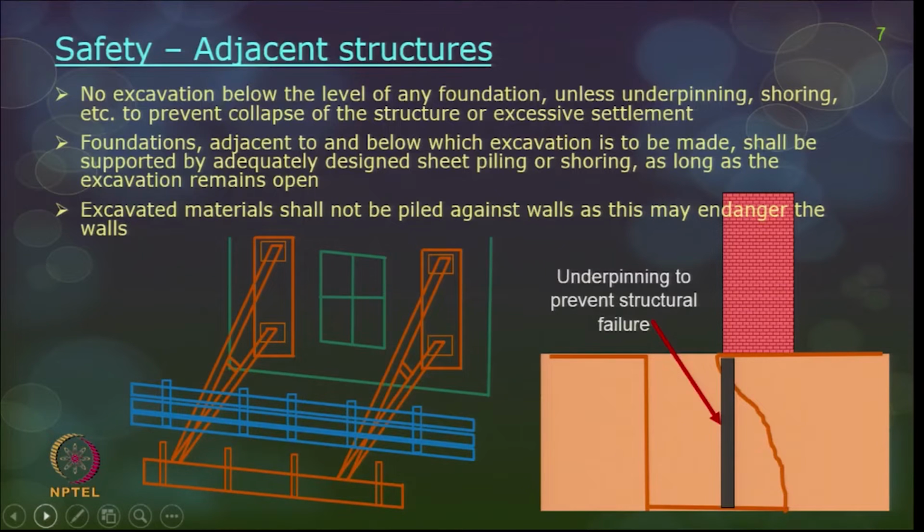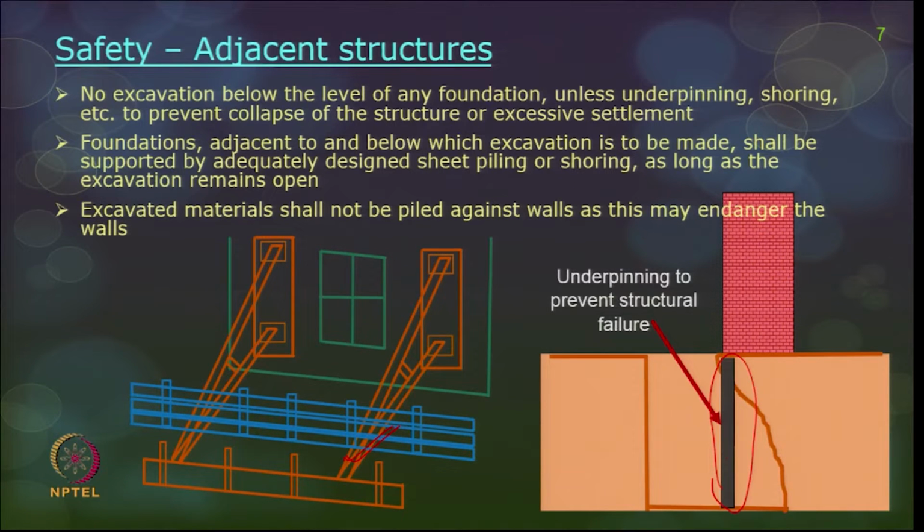No excavation work shall happen below the level of any foundation unless there is underpinning. Underpinning is providing additional support below the structure, so that the structure does not fall off. Or these are the pictures of shoring, to prevent collapse of the structure or excessive settlement.